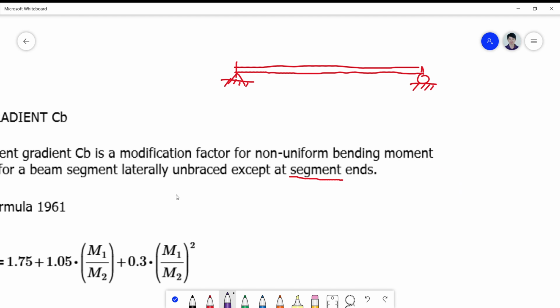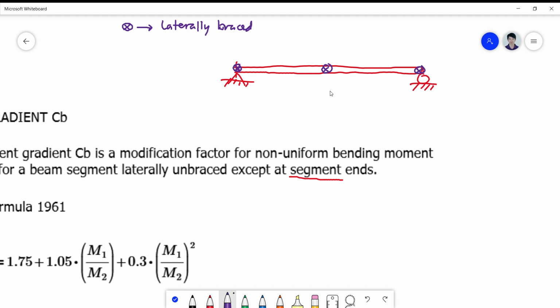If I use a symbol X or a cross here to refer to a lateral brace, to differentiate it from a support, this is a lateral brace, say here and here.